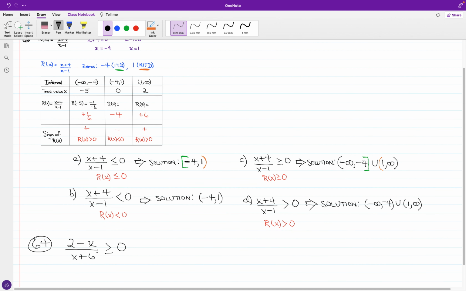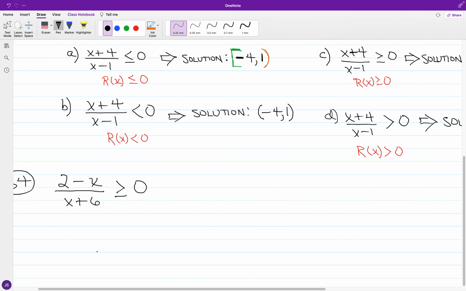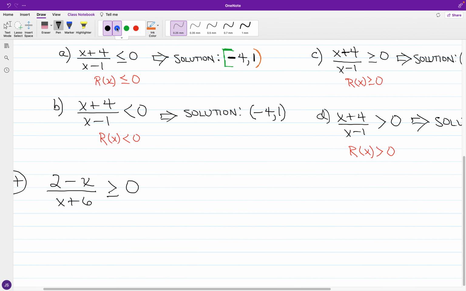All right. So looking at what we have for this rational function, we can go ahead and get to the zeros. So you have 2 minus x. If I find the 0 for this, so 2 minus x is equal to 0, I can isolate the x term.